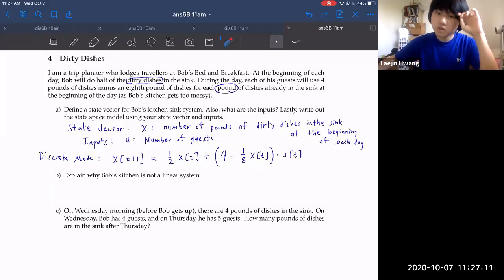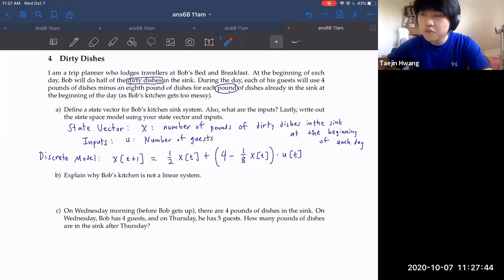All right. And the next thing we need to think about is whether or not Bob's Kitchen is a linear system. And any ideas? If you have an idea, definitely type it out in the chat. Whether it's linear or nonlinear. No, because u is dependent on x, nonlinear.